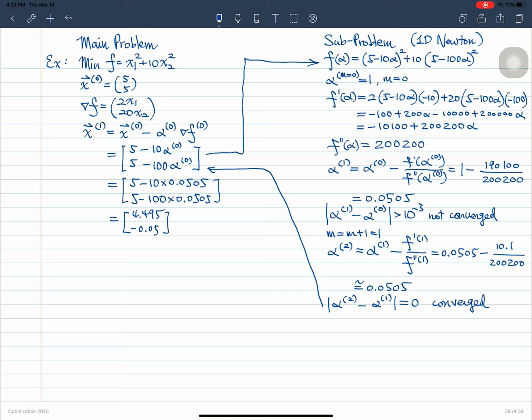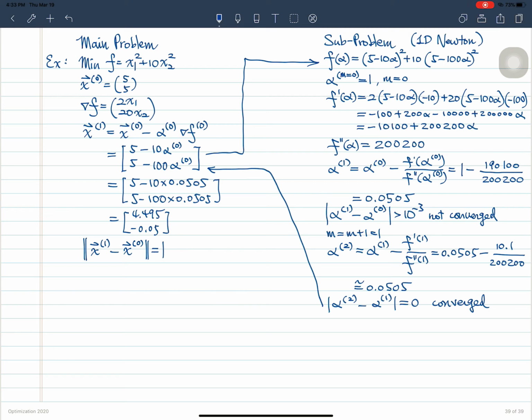So now we move from 5 to this new point, and let's try to use steepest descent again and see how it converges. So the convergence check was to check the norm of this.